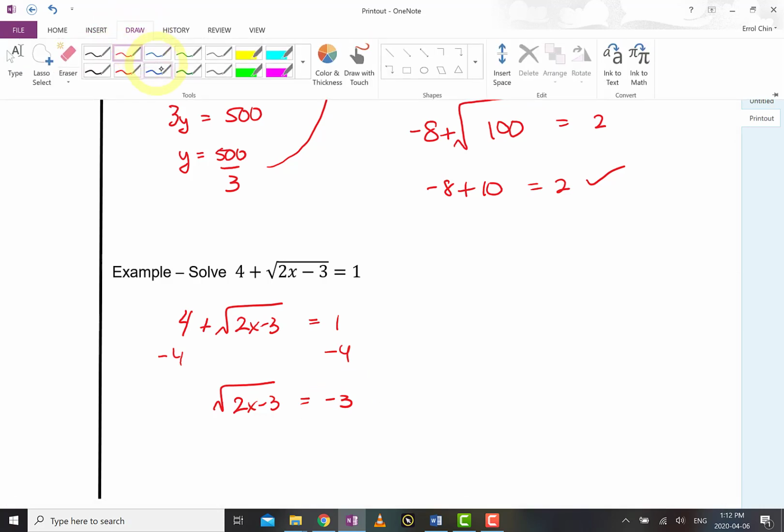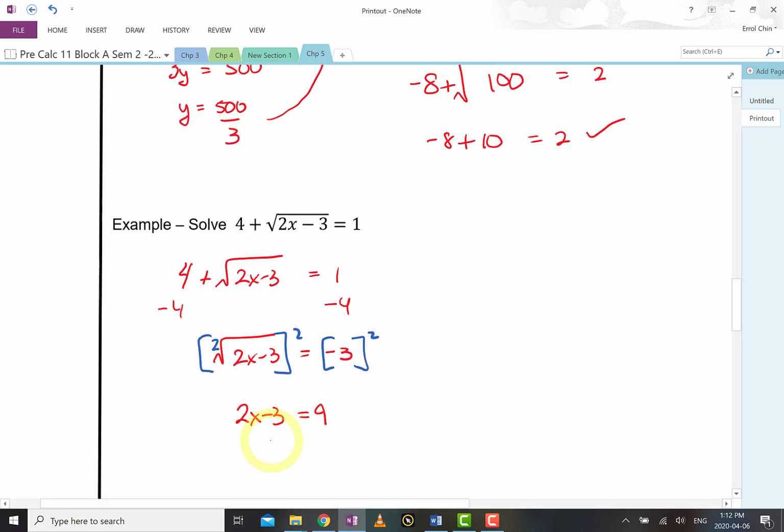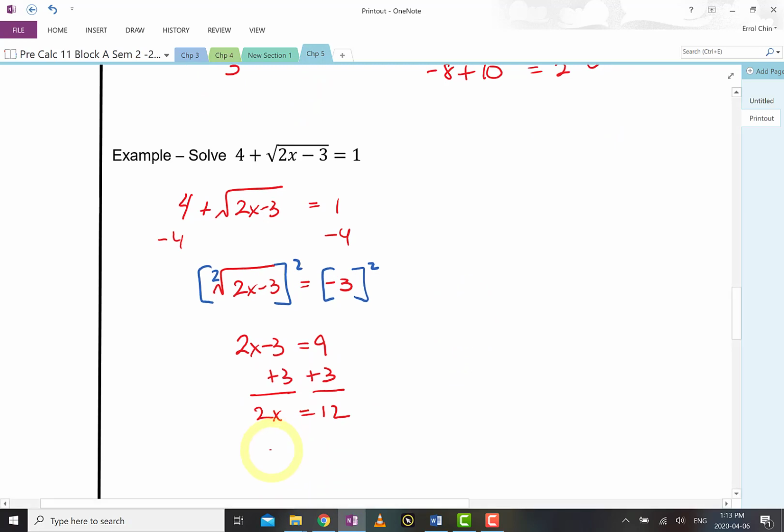Well, my index is, of course, a 2, so I'm going to square this side and square this side. What am I left with? I'm left with 2x minus 3 is equal to 9. I'm going to add 3, and 2x is equal to 12, and now x is equal to 6.